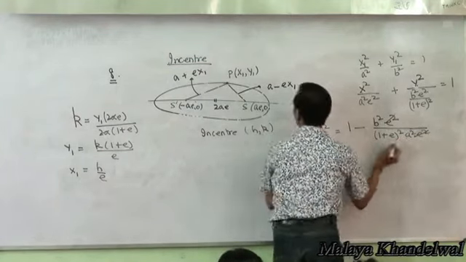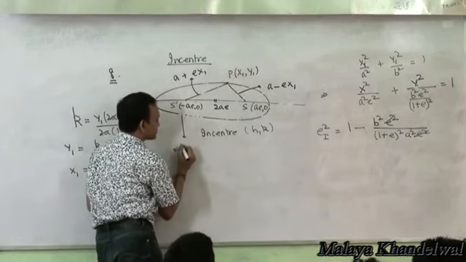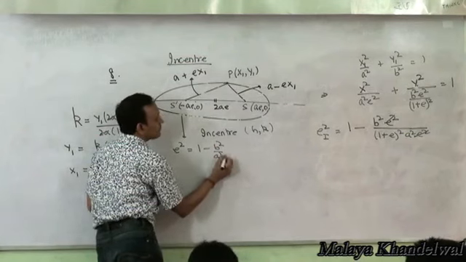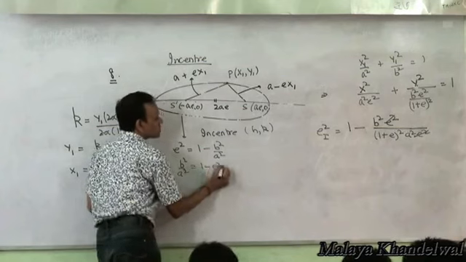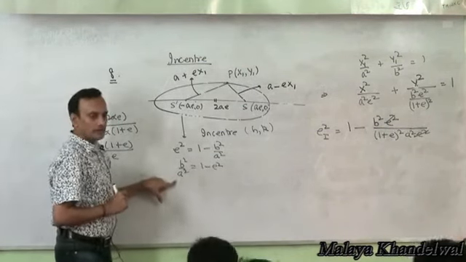Right. But b squared by a squared, realize that the original ellipse had eccentricity e, such that e squared is 1 minus b squared by a squared. In fact, b squared by a squared was 1 minus e squared. E is the eccentricity of the original ellipse, right?